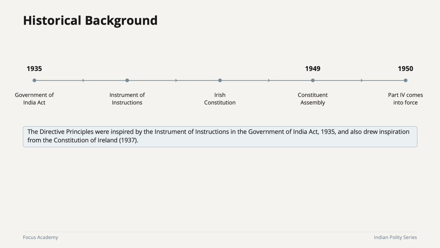We copied some from the Irish Constitution, and in 1949 we adopted it in the Constituent Assembly, and it came into force in the year 1950. The Directive Principles of State Policy came into force in 1950 as Part 4 of the Indian Constitution. Is that clear? I've given you a very short note. The Directive Principles were inspired by the Instrument of Instructions in the Government of India Act 1935, and also drew inspiration from the Constitution of Ireland.